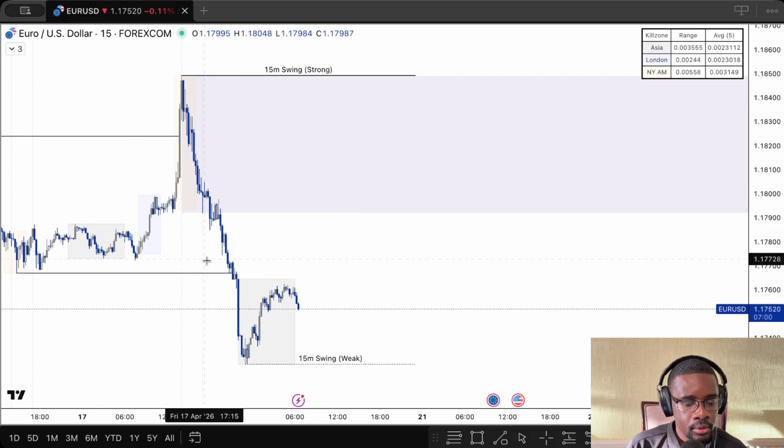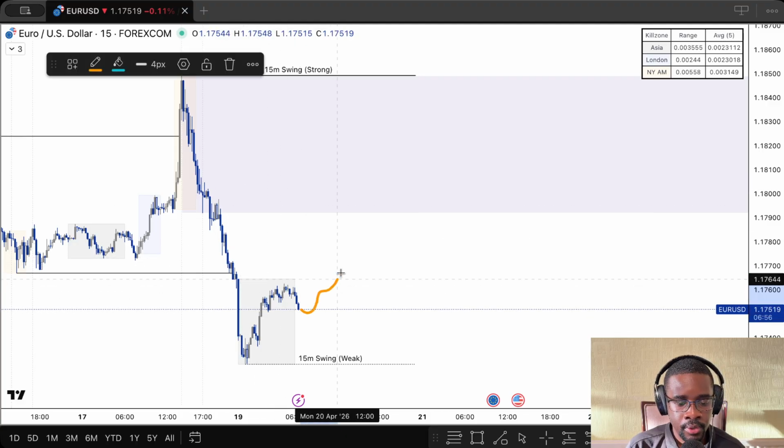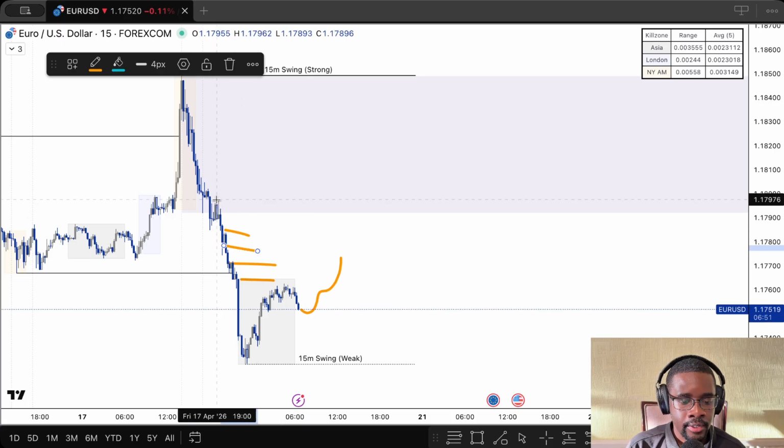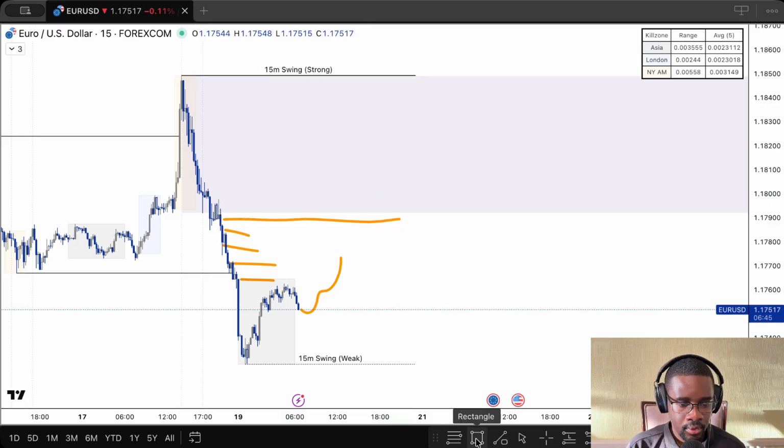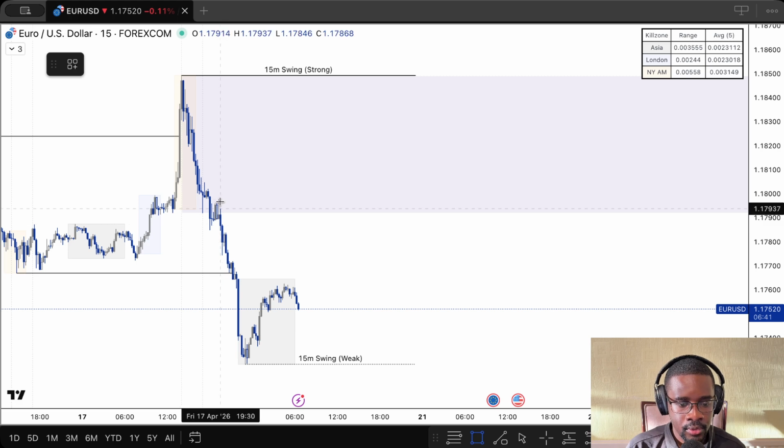So the expectation may be that we come in and mitigate any of these areas, ideally coming into this particular area. So let me mark that one out. So ideally coming into this one.